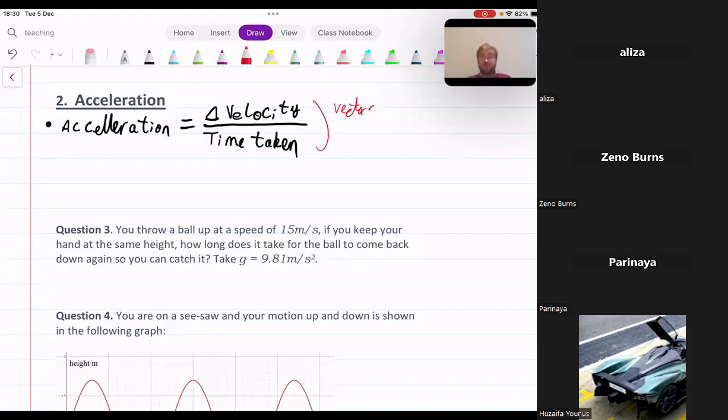Alternatively, I could speed up in the south direction. If I'm reversing and I speed up reversing, the speed has gone up, but the velocity has gone from a negative velocity, because we're going backwards, to a bigger negative velocity, because we're still going backwards, so acceleration is negative then as well.